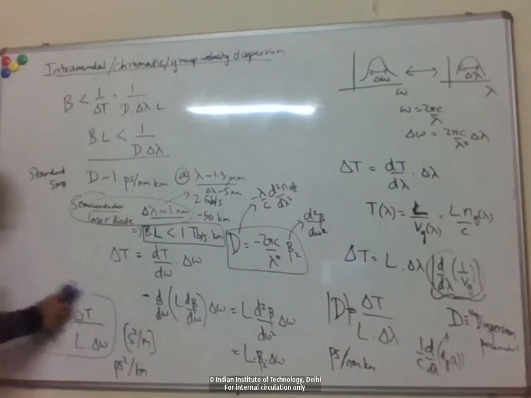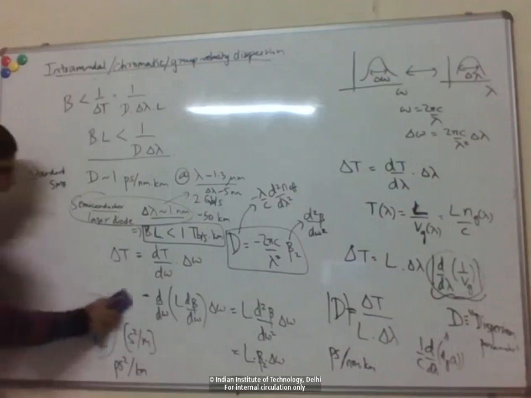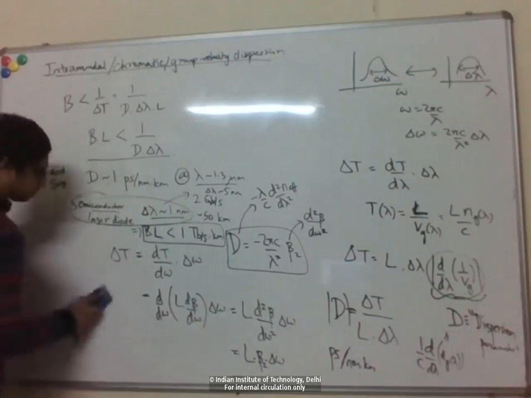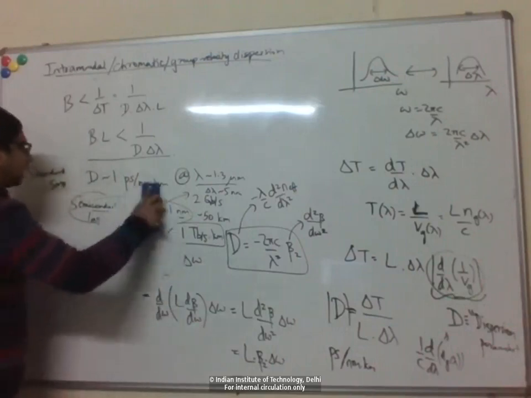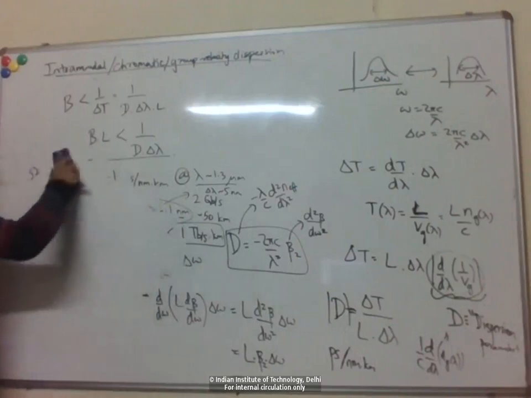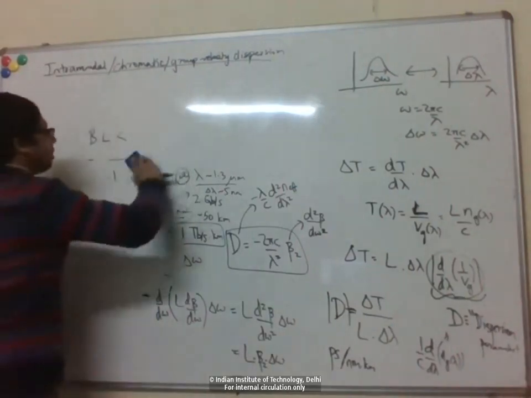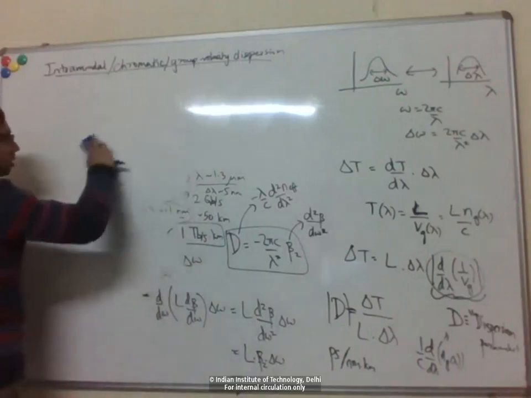So in our optical fiber case, as we also briefly mentioned, there are two major sources for this dispersion. One is the material itself, right?